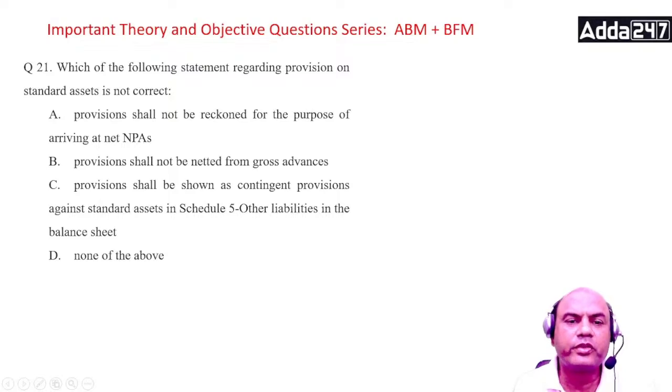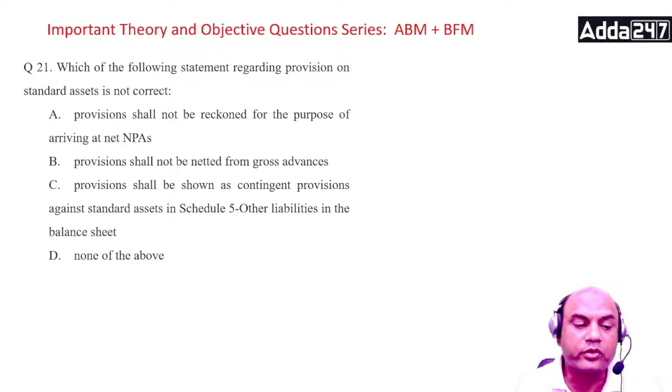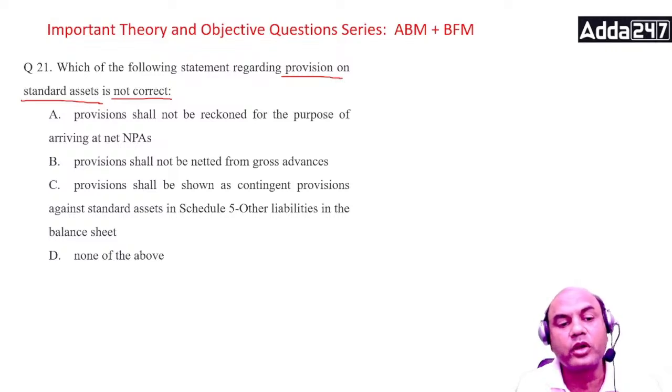Next one. Which of the following statements regarding the provision on the standard assets is not correct? The provision shall not be reckoned for the purpose of arriving at the net NPAs.